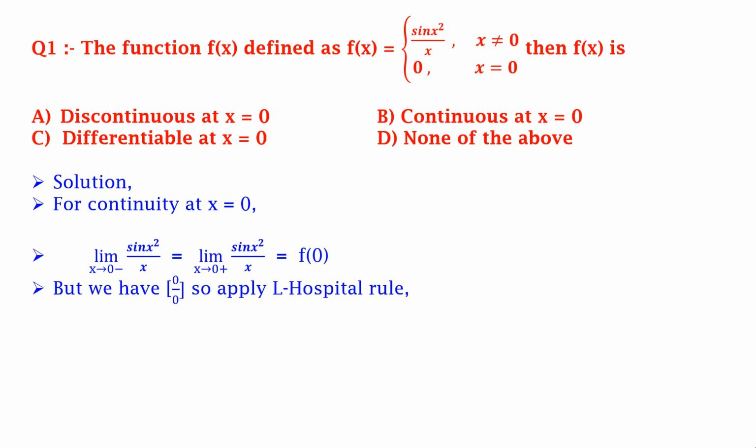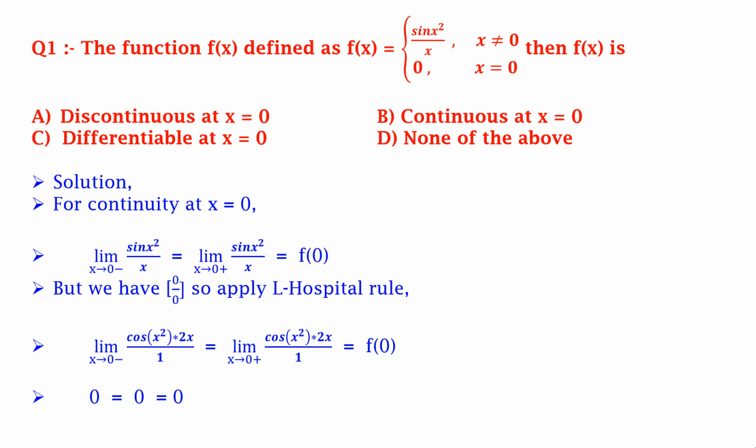But here we have the 0/0 form, so we apply L'Hospital's rule, which gives us limit x tends to 0⁻ of cos(x²)·2x/1 is equal to limit x tends to 0⁺ of cos(x²)·2x/1, which is equal to f(0), which gives us 0 = 0 = 0 by putting in the value. Therefore, option B is true, f is continuous at x = 0, and options A and D are false.